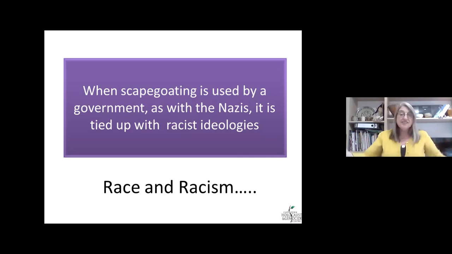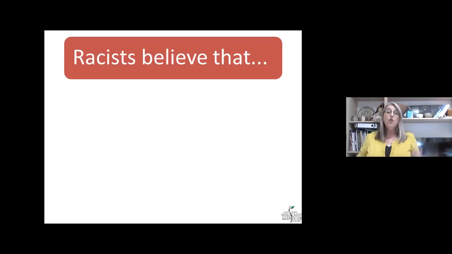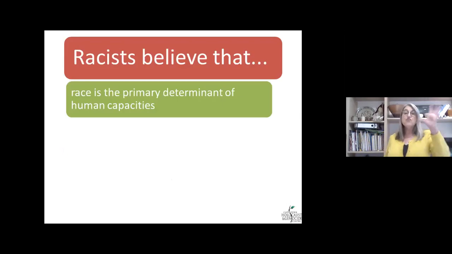There are racists in our country today, people who will look at another person, and because of the way they look, they will apply certain characteristics to them. And all racists have certain things in common. All racists will believe that race, your race, determines what you are capable of.